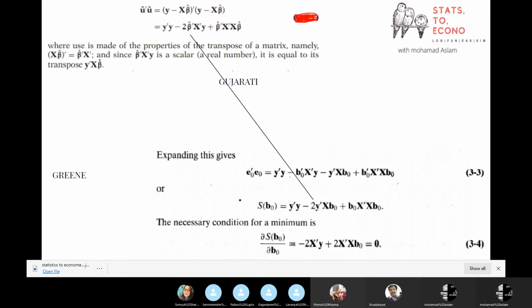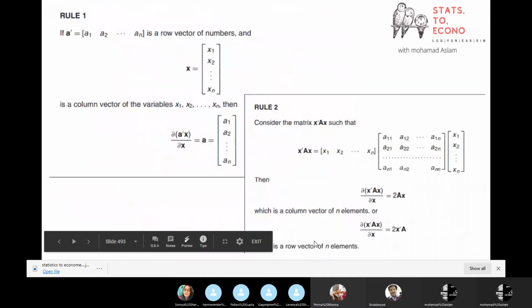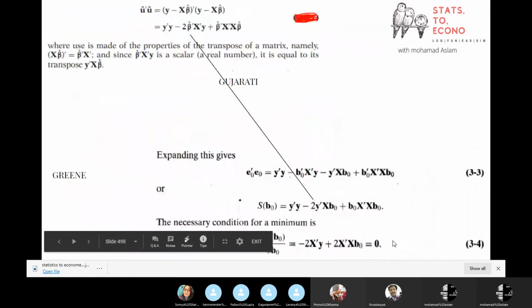We need a k into 1 because the dimension of beta hat is k into 1, so we need the row vector. That's why we go here with the second type of differentiation where we keep the row vector. So this is some, you can say, trick, or this is the requirement here in this differentiation in the matrix. So we kept here this row vector method.